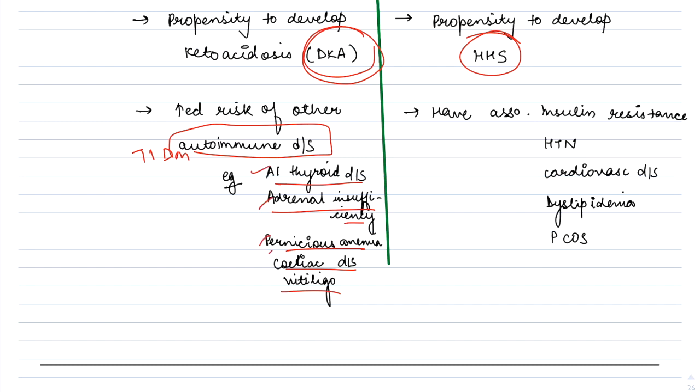These autoimmune diseases can occur along with type 1 diabetes, while they do not occur in type 2. Type 2 rather has an association with insulin resistance, hypertension, increased cardiovascular diseases, dyslipidemias, and other insulin resistance syndromes like PCOS or overall metabolic syndrome.